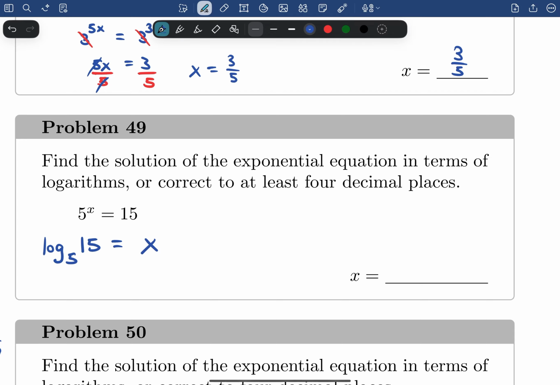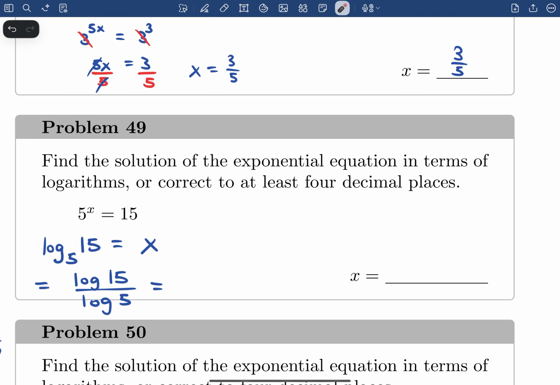We have now solved. Okay, in your calculator, you can write this as a common logarithm or a natural logarithm if you do log of 15 divided by log of 5. So I wrote it as a common logarithm. What I'm doing is the base change formula. I took log of 15 and I divided by log of 5.